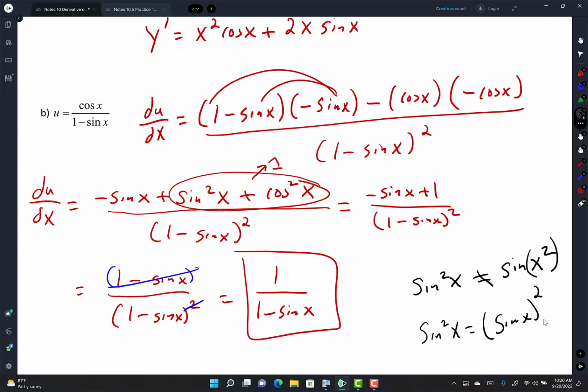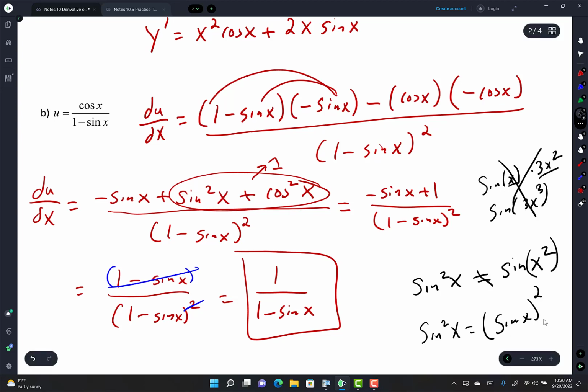Another common mistake that you guys make: you write sine x, and then you go times 3x squared, and you're like, oh, 3x squared times x, that's 3x cubed. No, do not ever do that. That is a sin. You will go to hell. No, guys, I apologize. I want to go to heaven, so I'm going to take that back. But do not do that, for reals.